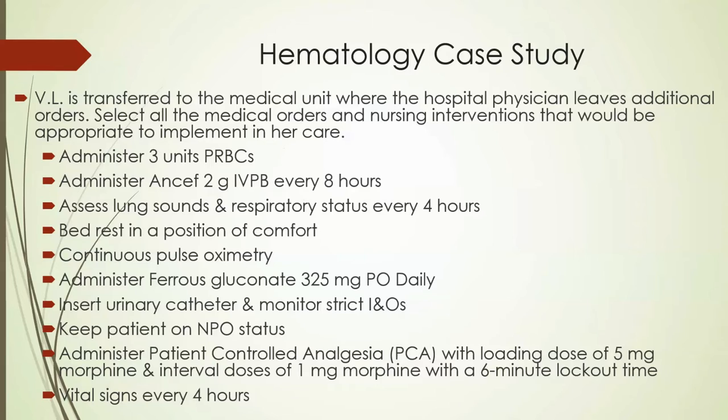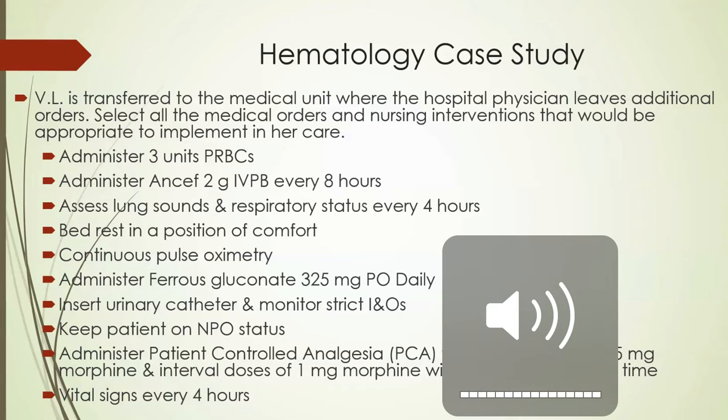How about bed rest in a position of comfort? Could be elevated, could be any position that feels comfortable for her. How about continuous pulse ox? Yes, because that can give us a lot of information in the moment.